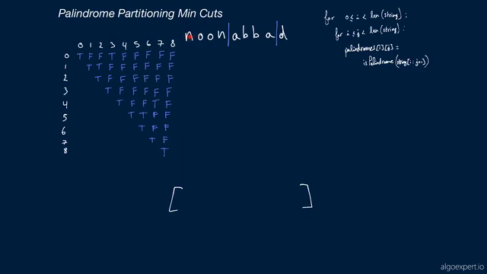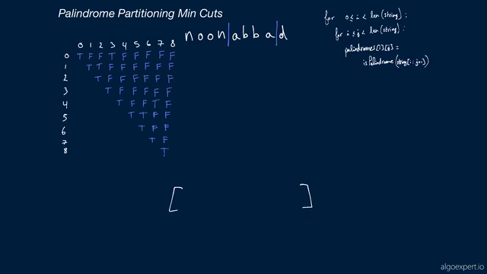So it always starts at n and goes all the way to that index. So in the first index here, we're going to say the minimum number of cuts needed for the string n. Then in the second index, the minimum number of cuts needed for the string no. Then noo, then noon, then noon A, noon AB, etc. All the way to our final string.